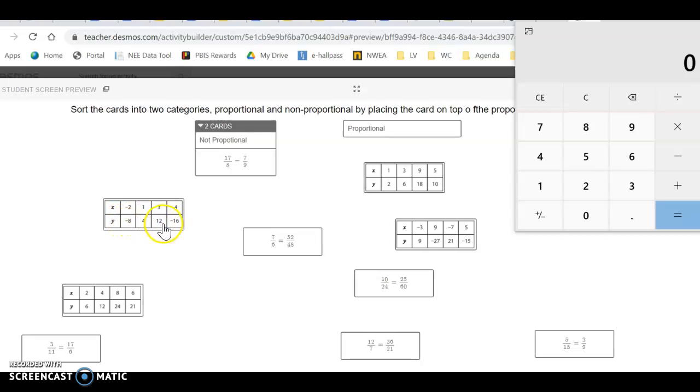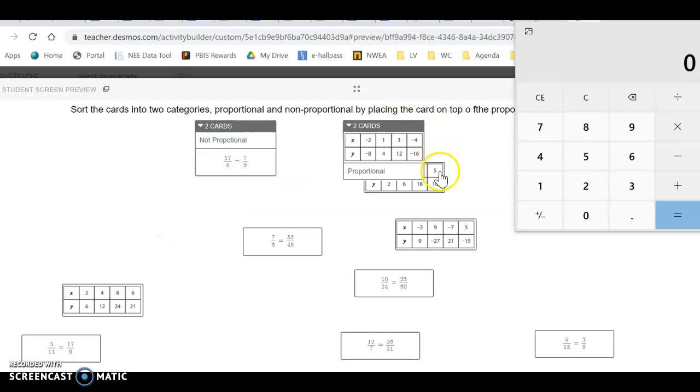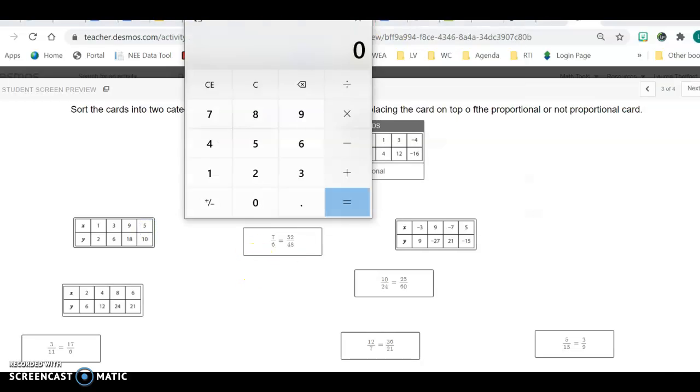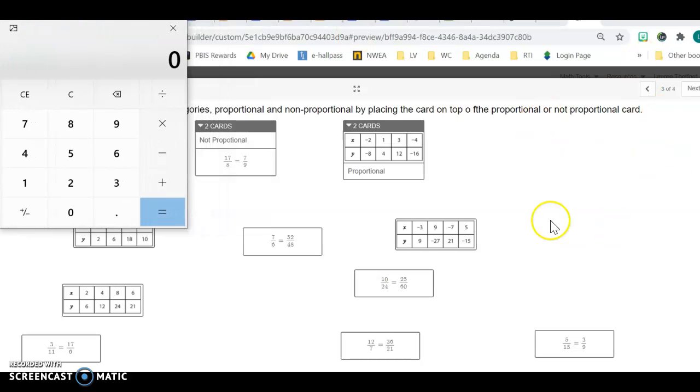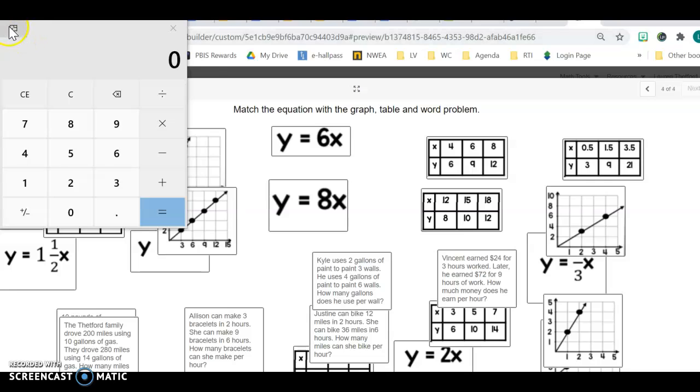So when I divided these, I got +4 for every answer, which means it is proportional. So that's how you do your third slide.